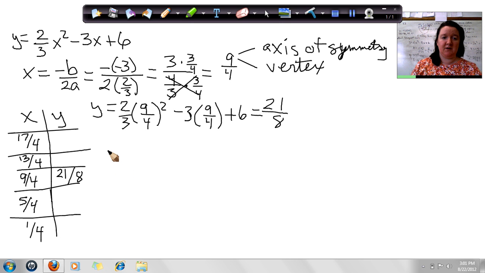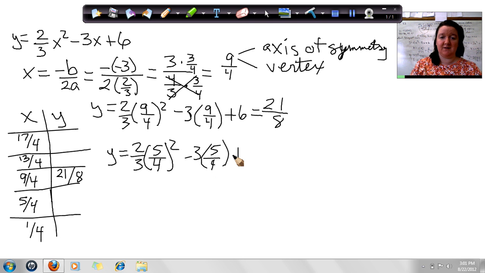So now let's figure out the y value when our x value is 5 over 4. So we have 2 over 3 times 5 over 4 squared minus 3 times 5 over 4 plus 6. Again, I'm going to use my calculator.